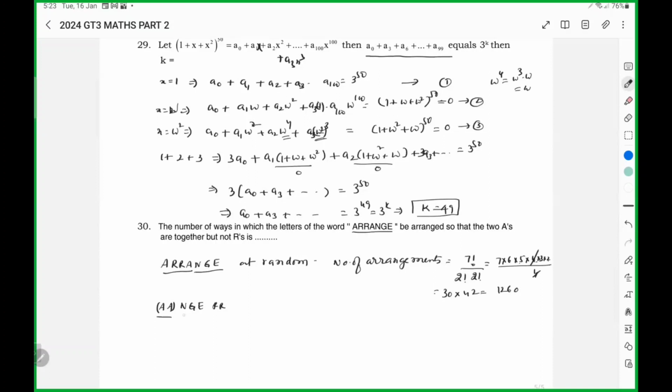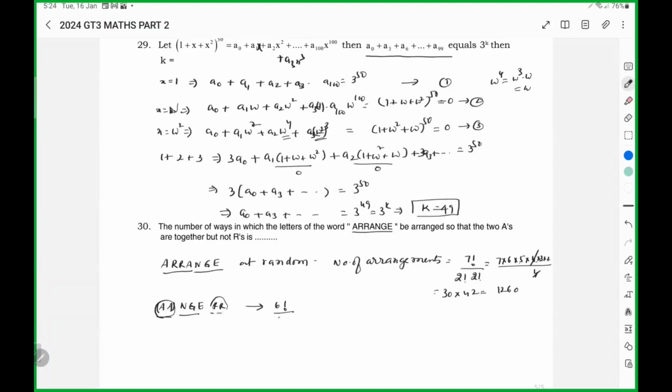Totally here 1, 4, here it is 5, 6. Because A's are together, he is not putting any condition on R right now. So in this case, 4 plus 6 factorial. This we treat as 1.